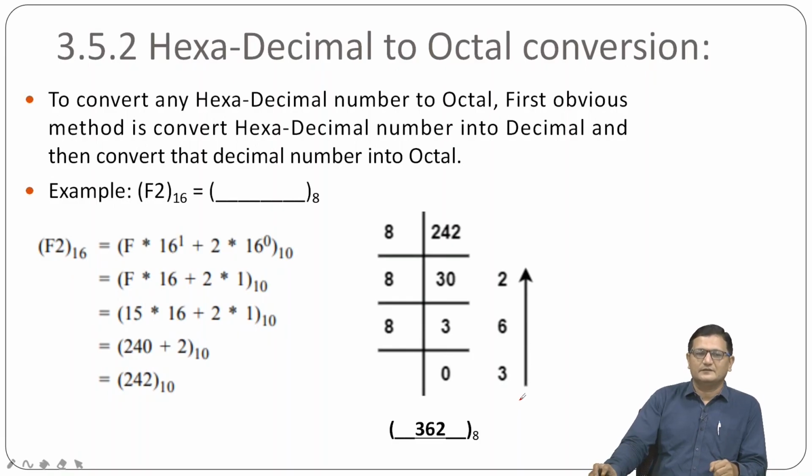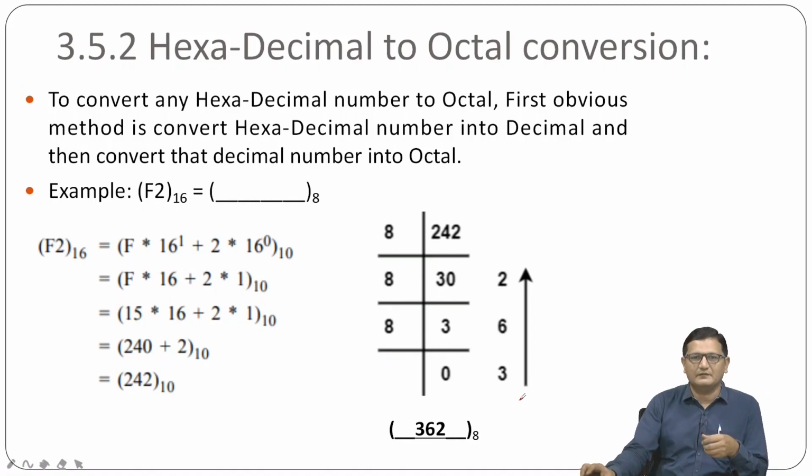So 15 into 16 makes 240, and 2 into 1 is 2. The final answer is 242. So we have converted the given hexadecimal number into decimal. But we have to convert the hexadecimal into octal, not decimal, so first we converted it into the decimal form.